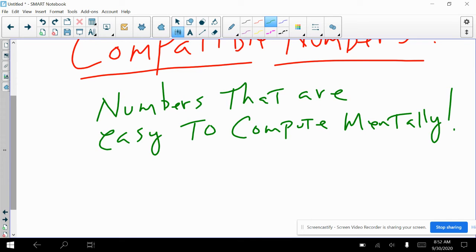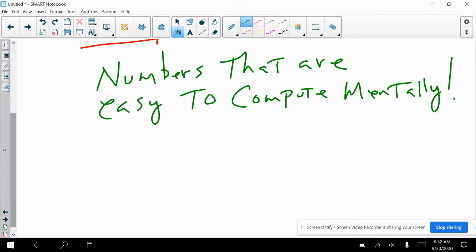This is not estimation. This is not rounding. This is changing the numbers so you can do them easily in your head. Now, do you have to do them in your head? No, you don't have to. Okay, if you want to do some side math, that's fine, but that's not the idea. The idea is you can do them easily in your head.